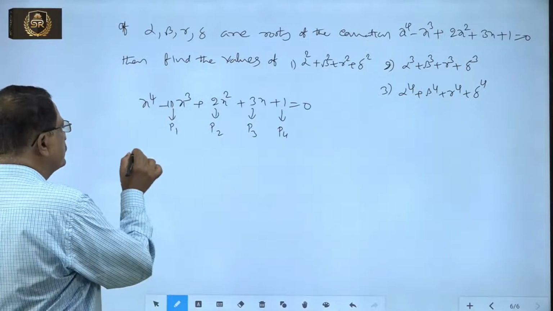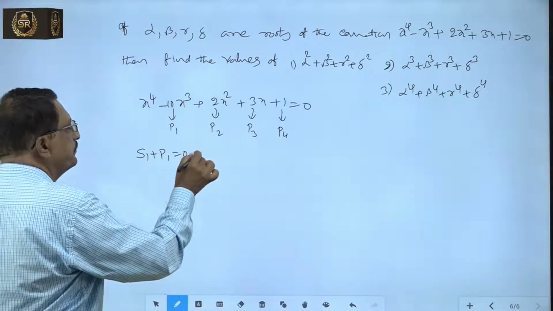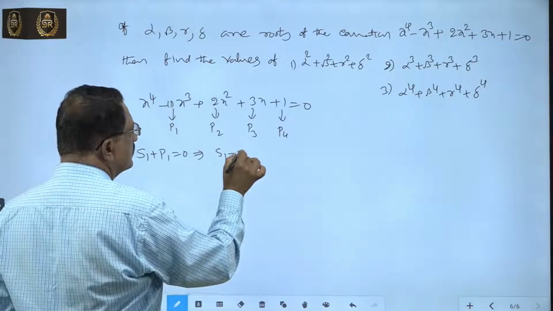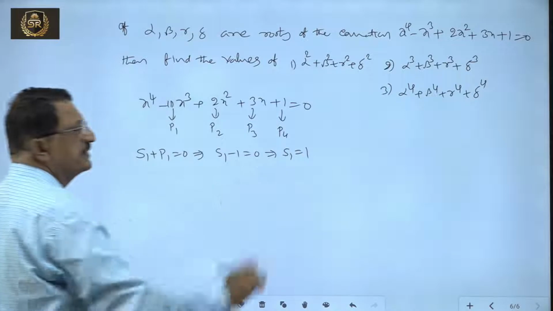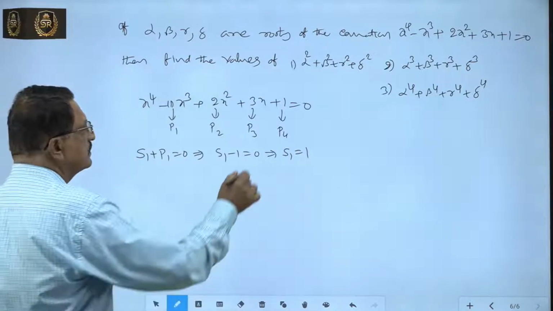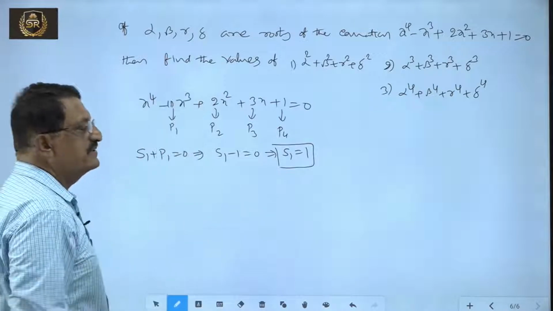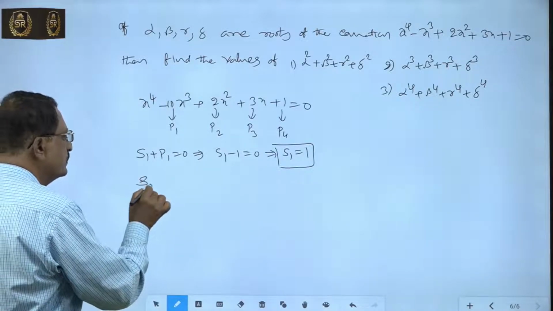Now, first S1 plus P1 equals 0. Now S1 minus 1 equals 0, which implies S1 equals 1. The value of S1 is nothing but alpha plus beta plus gamma plus delta equals 1.